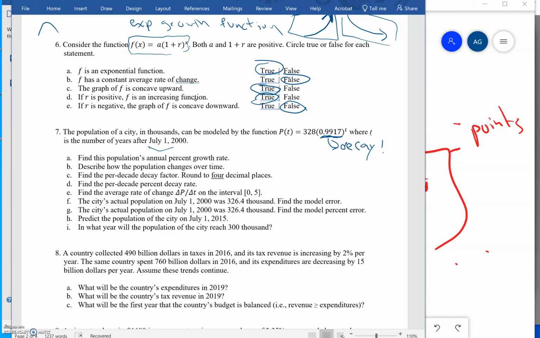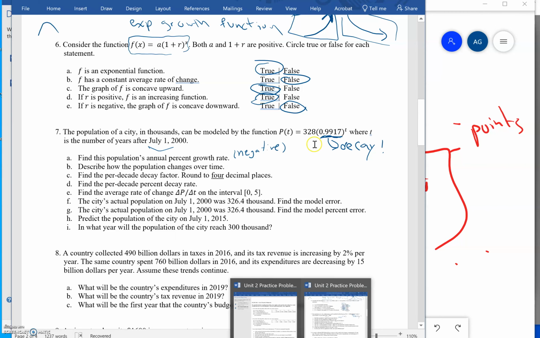So first, find this population's annual percent growth rate. Because it's a decay model, I know that the growth rate will be negative, so I should have a negative answer here. Keep that in mind. So how do we get the growth rate? Well, we take the factor, which is 0.9917, and we subtract 1 from that factor.